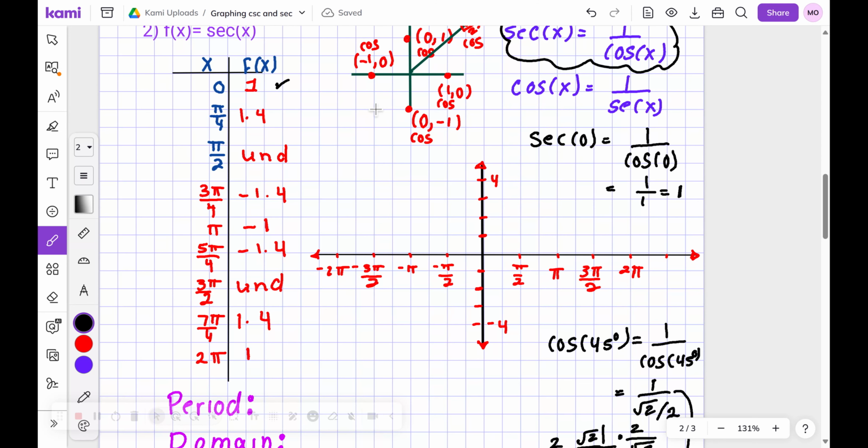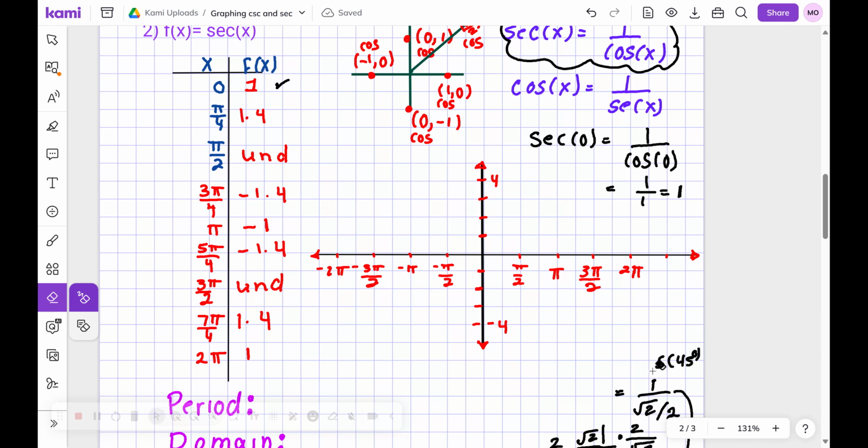In quadrant 3, cosine is negative, so negative 1.4. Then it will be undefined, because it will be 1 divided by 0. Quadrant 4 is positive, because you do 1 divided by a positive. And at 2 pi, we go back, and it's a 1. Okay? So that's how I am getting those values.